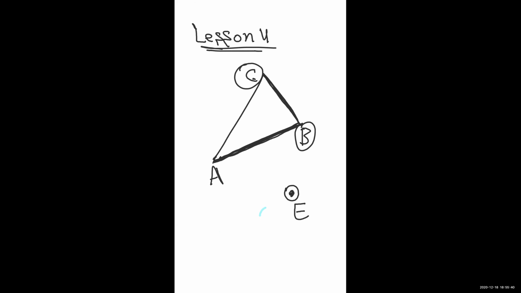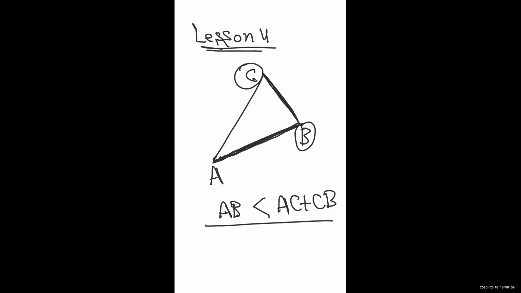Now, I said that the shortest distance between A and B, of course, will be AB. So if there is any point not belonging to AB, this means AB will be less than AC plus CB.